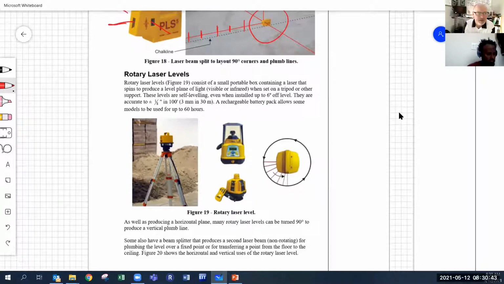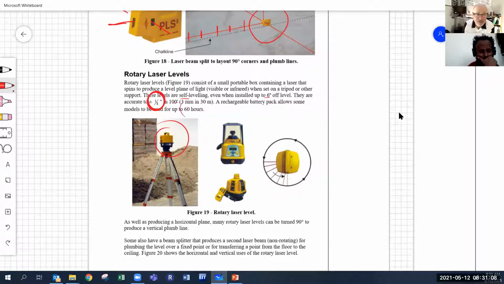So these rotary levels that spin around, they spin to produce a level line or some kind of level plane of light when they're set on a tripod or other support. These are usually self-leveling. Even when you're 6 degrees off, they are accurate to about 1/8 of an inch in 100 feet. So pretty good, right?